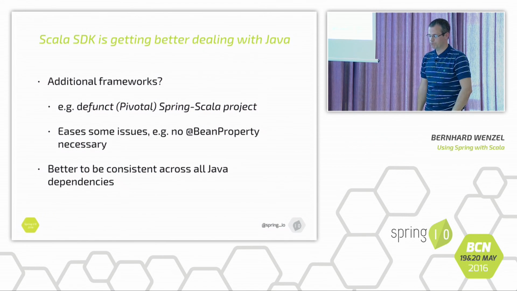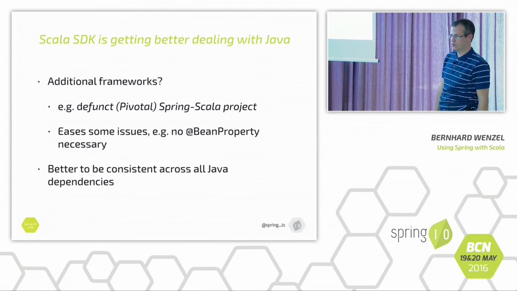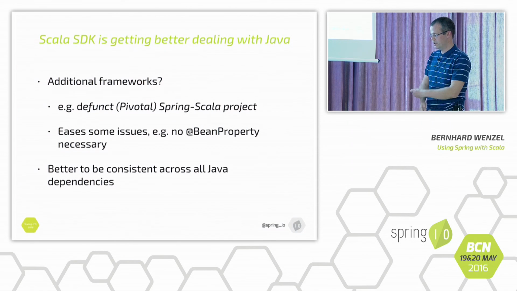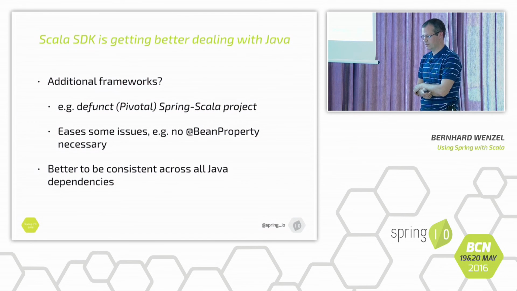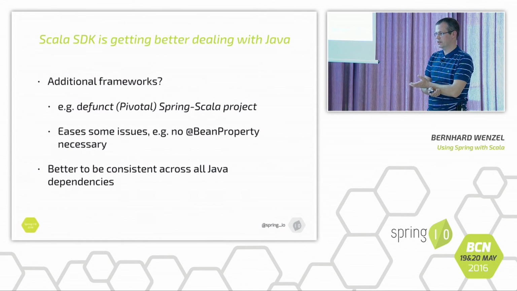And there's the question also, should I use any other frameworks? For example, there used to be, it's still there, but it's not supported anymore, a Spring Scala project, I think around 2012. It eases some of the issues, like I don't need to use the bean property annotation. It had a bit more Scala way of working with templates.